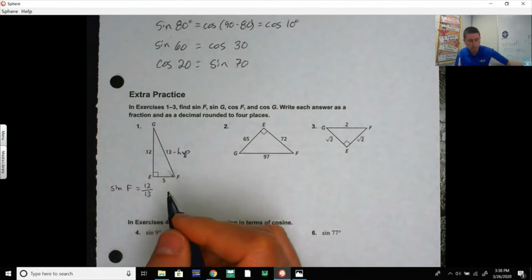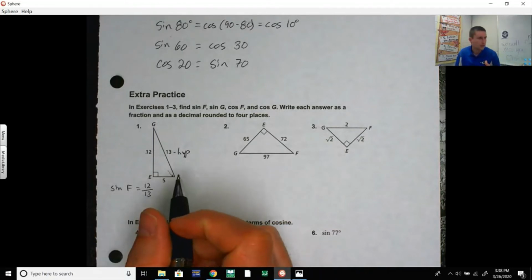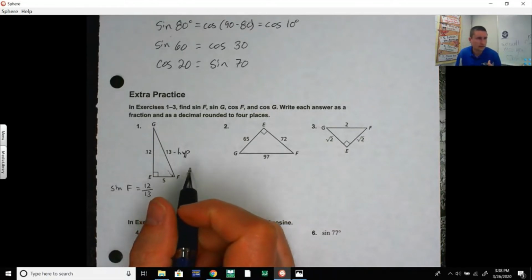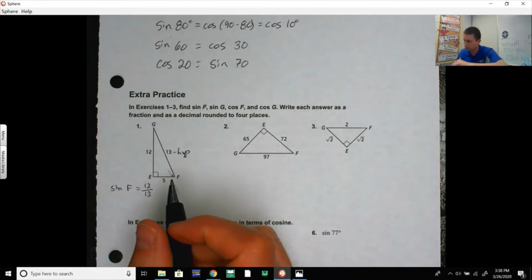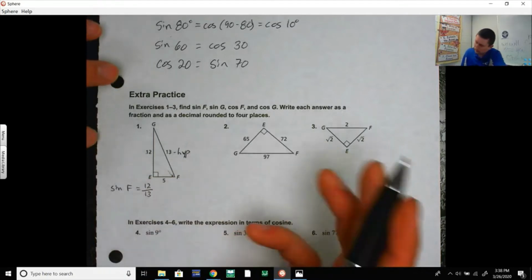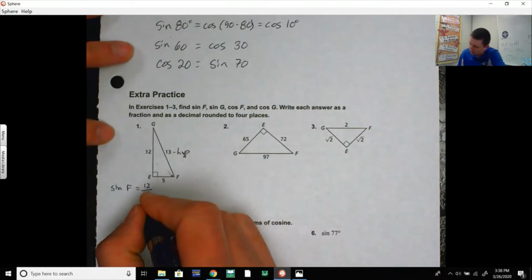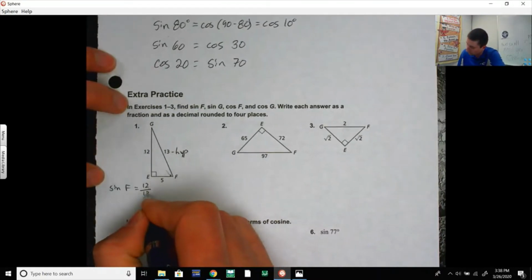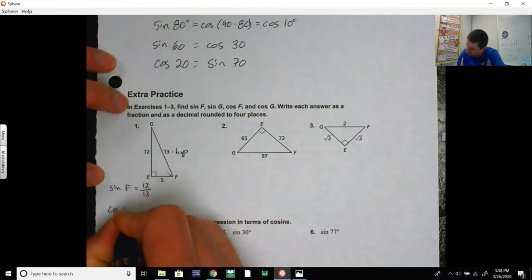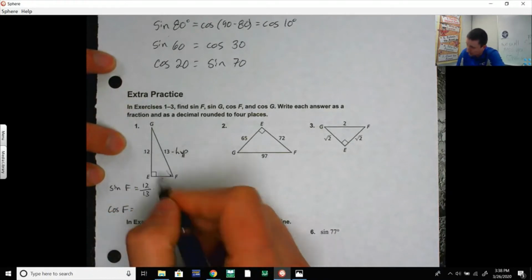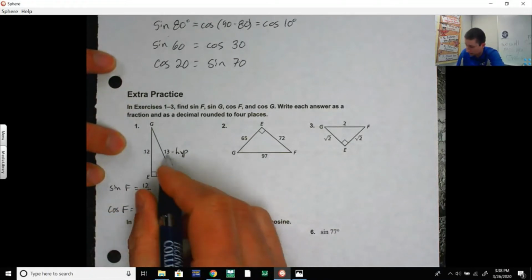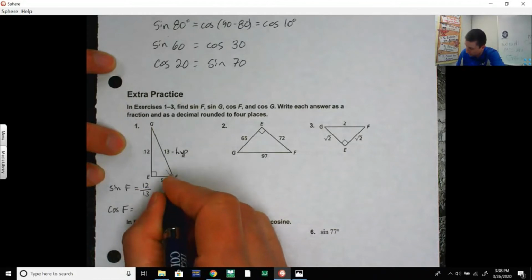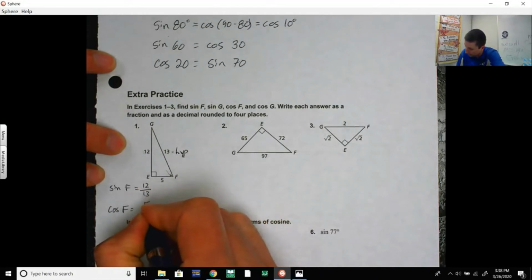Okay, so 12 over 13, you actually don't need it as a decimal on the assignment, so I'm not going to do that. You can do 12 divided by 13, get your decimal if you want to. Okay, but it does have to be in simplest form. So sine of f is 12 over 13. Cosine of f would be the adjacent side over the hypotenuse. So here's f, the adjacent side is 5, so 5 over 13.